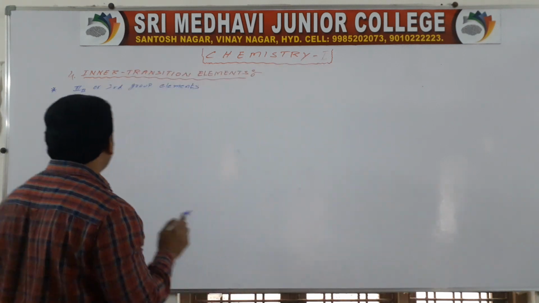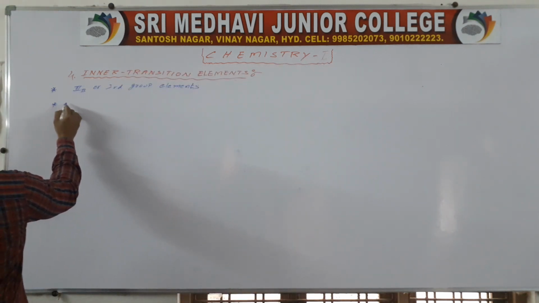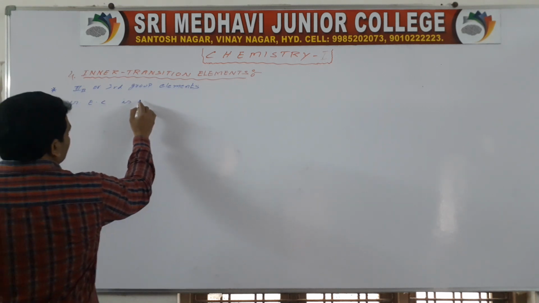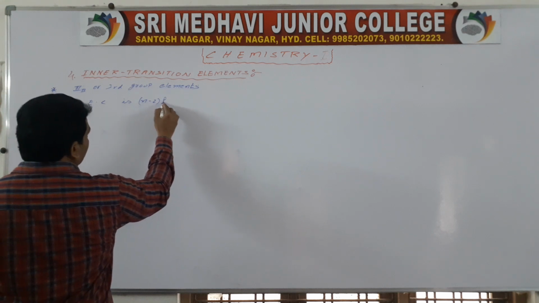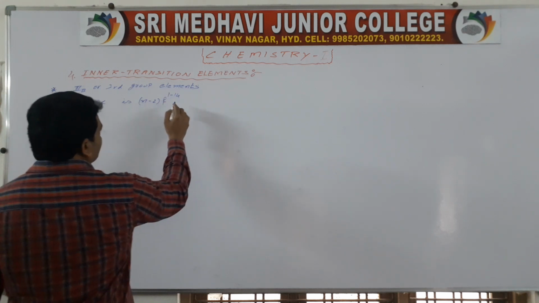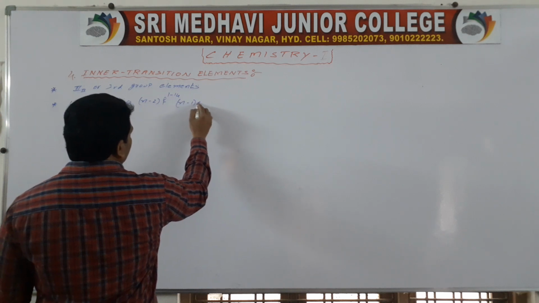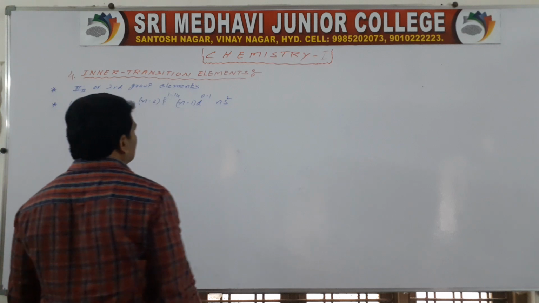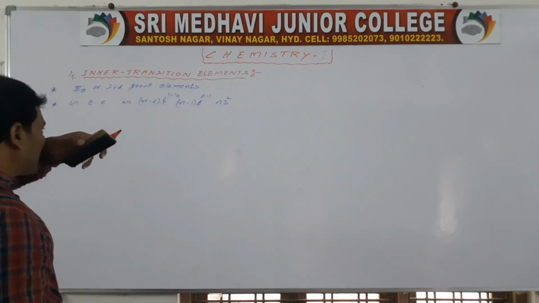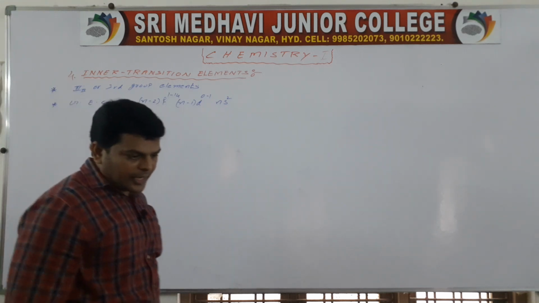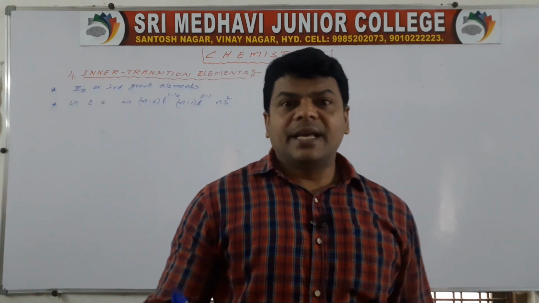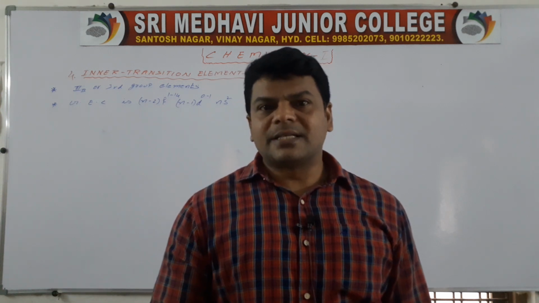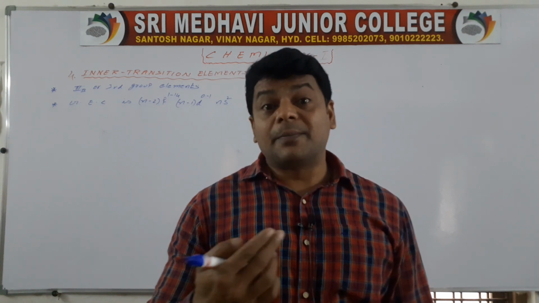The general electronic configuration is (n-2)f 1 to 14, (n-1)d 0 to 1, ns2. Here n is the ultimate shell, n-1 is the penultimate shell, and n-2 is the anti-penultimate shell.